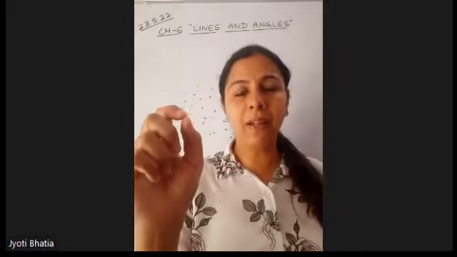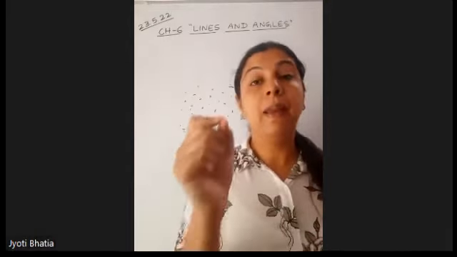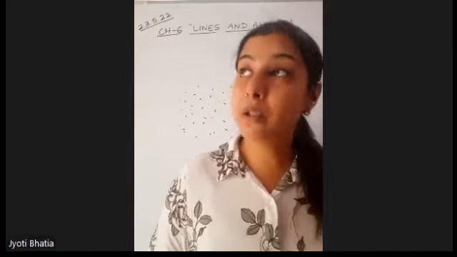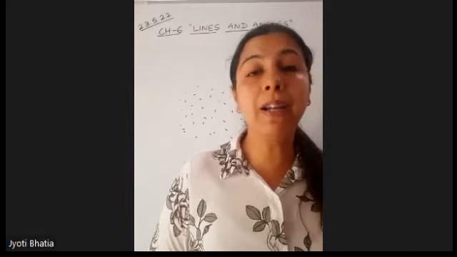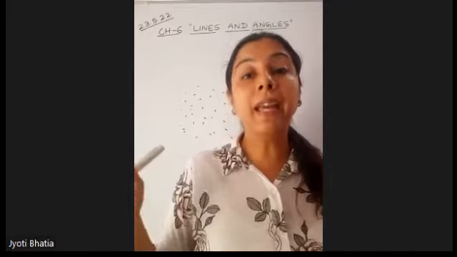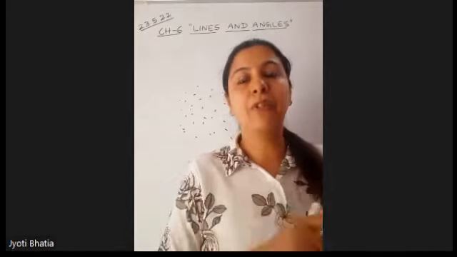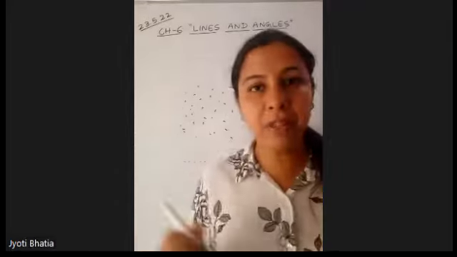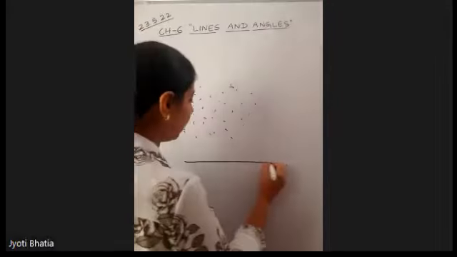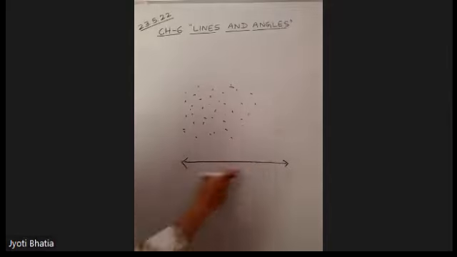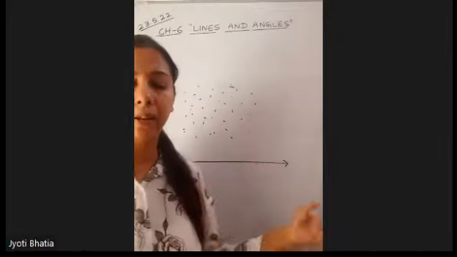So if you want to define a line in simple words, you will say a line is a straight path which is formed by joining infinite points. Since it is made up of infinite points, we put arrows on both the ends to show that it can be extended.